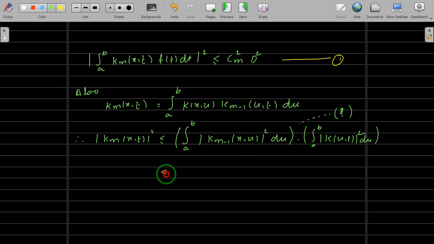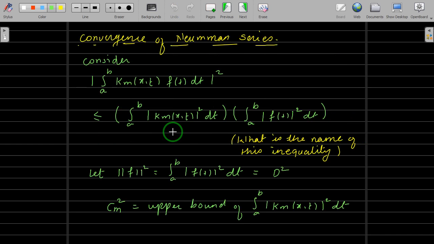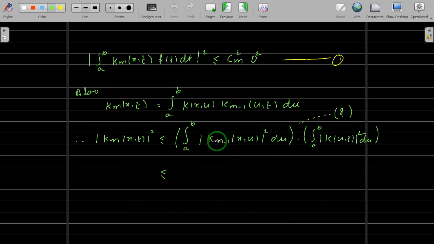Alright, now this is less than or equal to, now we have stated that Cm square is the upper bound of this mod of Km integral, and in this case we have mod of K_{m-1} square integral. So this will be bounded by C_{m-1} square.